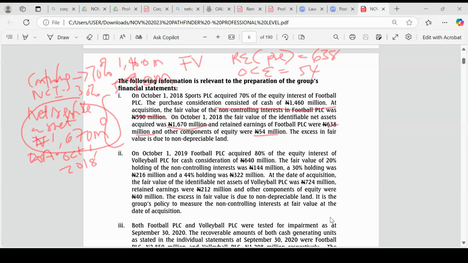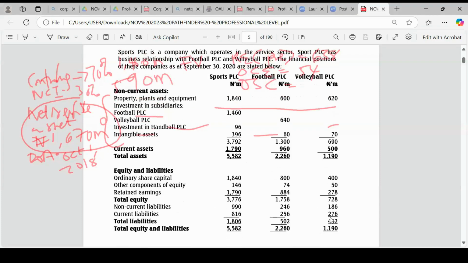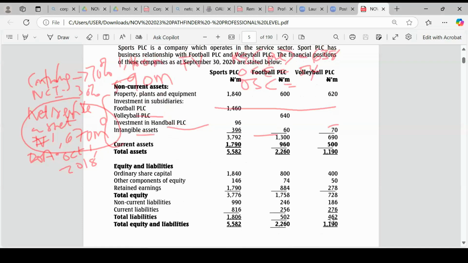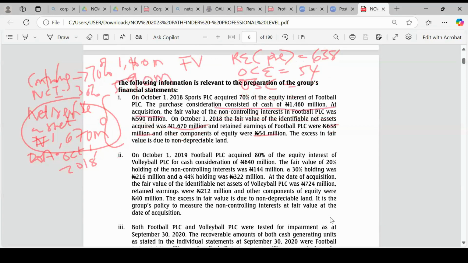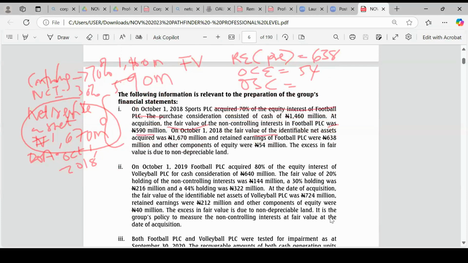Now, something standard that must be part of the net identifiable assets is ordinary share capital. So I can quickly look at the statement of financial position. Ordinary share capital for Football PLC is 800 million. So it quickly tells me this should be 800 million. If you add all of this together, it will not be up to this.